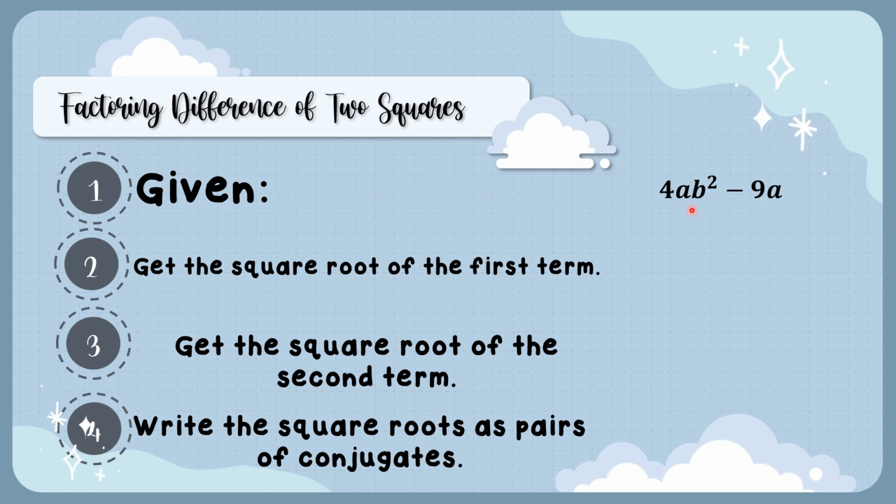But in this case, the first term has the literal coefficient a, and the second term also contains the literal coefficient a, with the same exponent of 1. So we are going to get the greatest common factor of the expression.